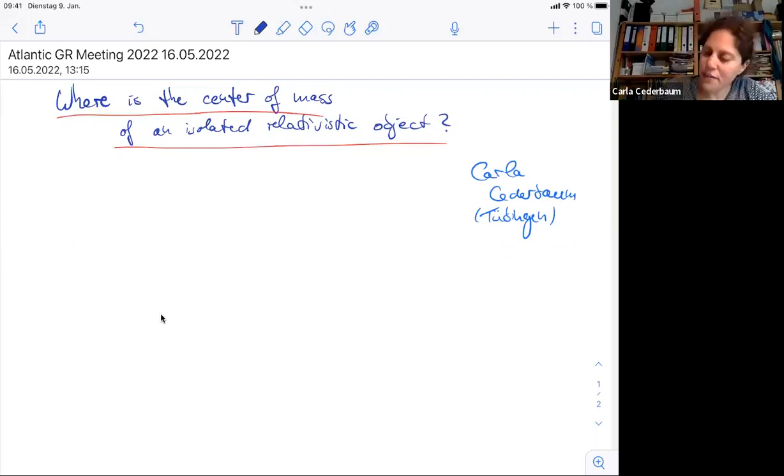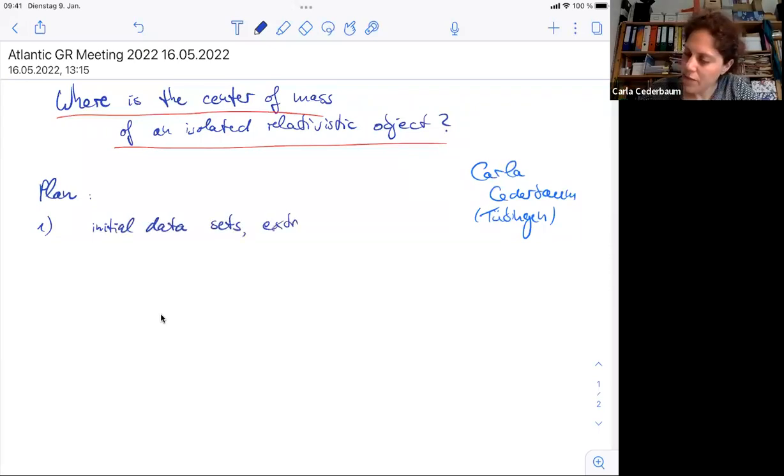The plan for my mini course, and I hope this is a good replacement of the blackboard I would usually be using, will be to start with initial data sets and the notion of extrinsic curvature. Some of you may be familiar with both or either of them, some not.